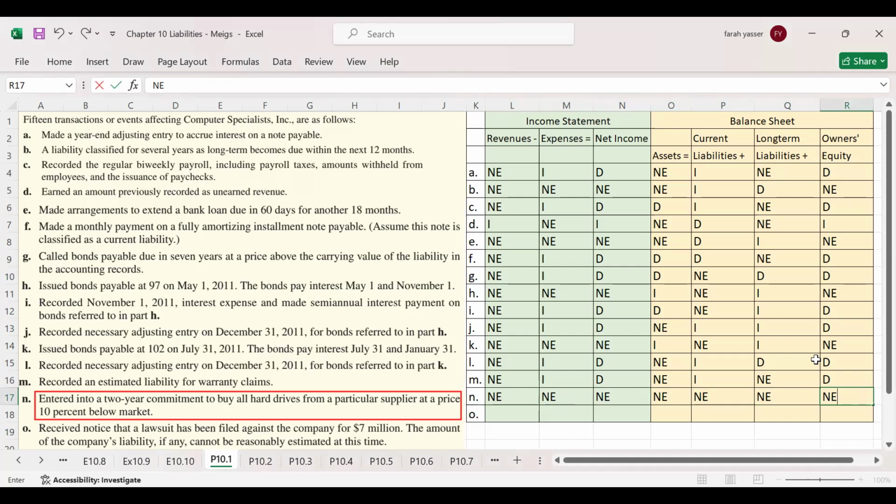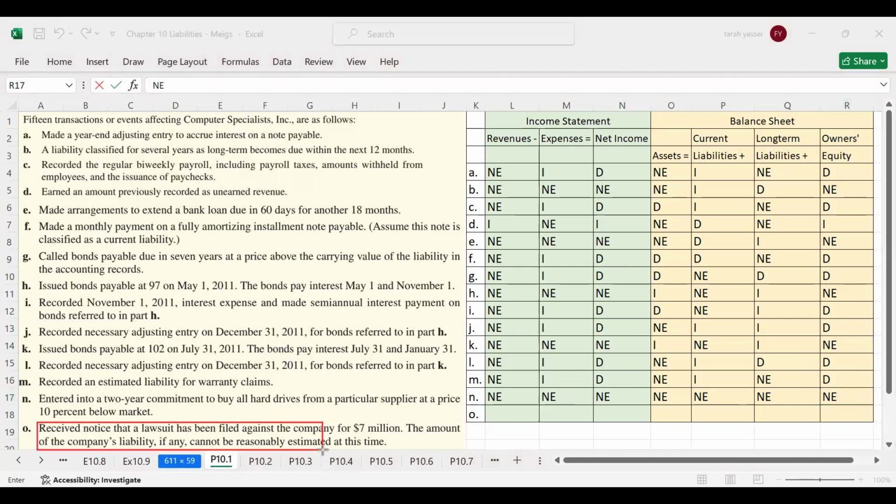In the last transaction, the company received a notice that a lawsuit has been filed against the company for $7 million, and the amount of the company's liability, if any, cannot be reasonably estimated.